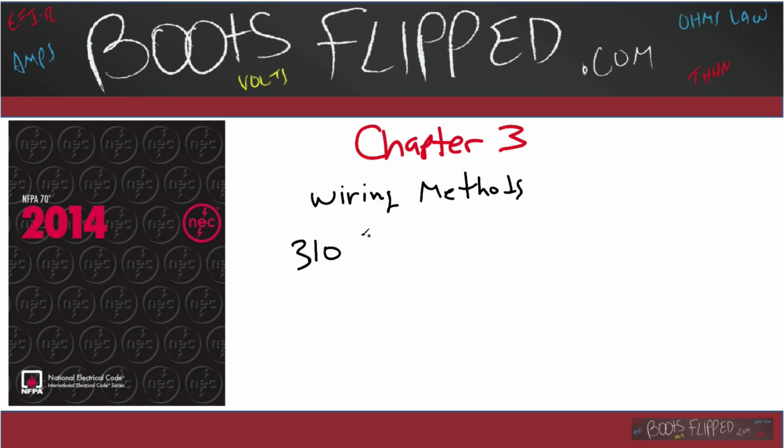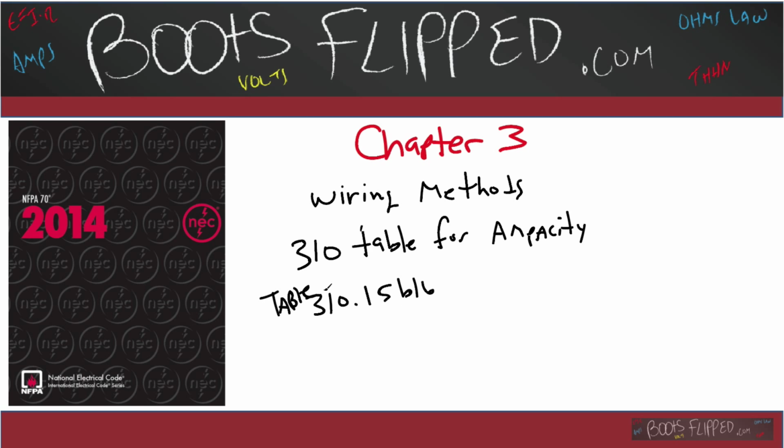Article 310 will have our table for ampacity, and generally we'll use Table 310.15(B)(16). That'll be a great table for us to use when you're looking up, I have a number 12 wire, how many amps is it good for? That's the table that you're going to use for that particular question.